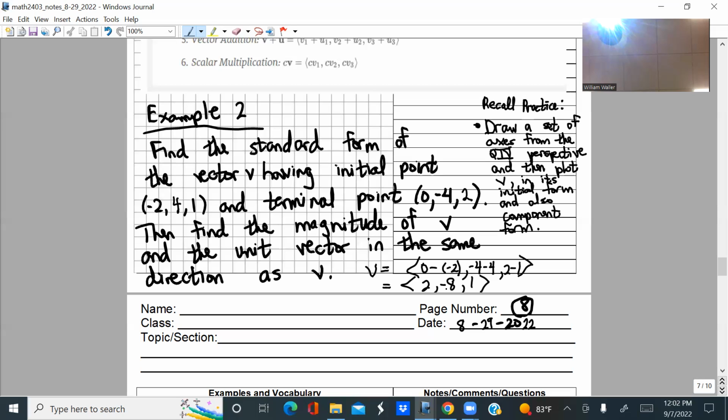So that term. What's the original initial point? Oh, well, that's in component. Okay, but let's do it again. So we want to go two, four, seven, eight, two, four.